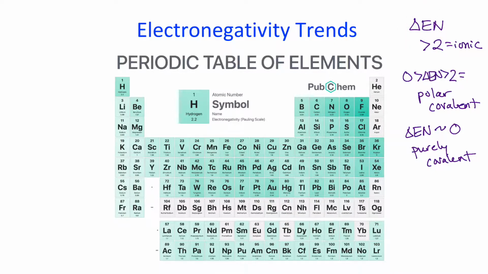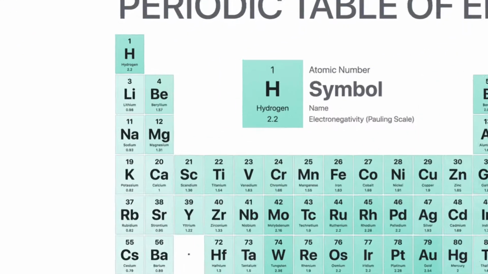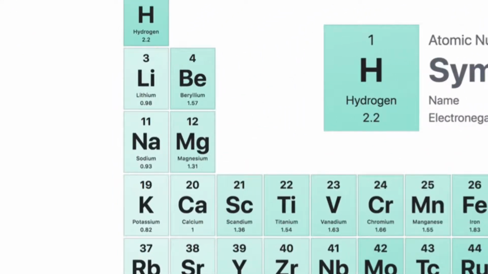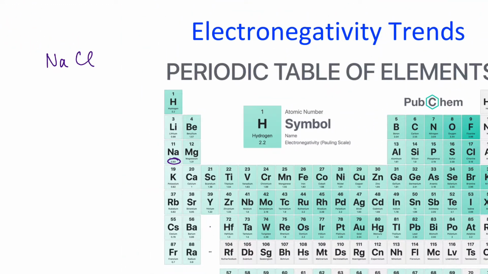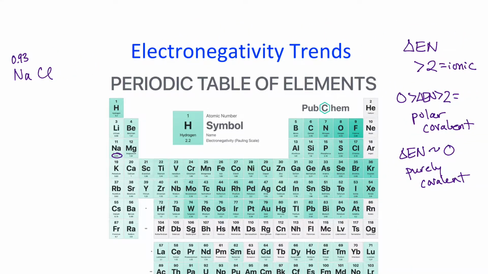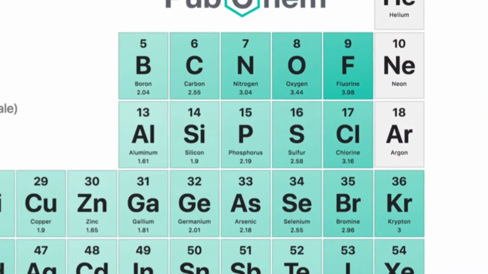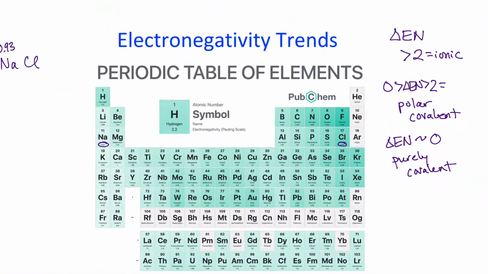If we look at the example for sodium chloride, NaCl, we want to look at the electronegativities for sodium and chlorine. Zoom in here so I can see it. It looks like sodium is 0.93. Let's put that on top there. Then if we go over to chlorine, we see 3.16.